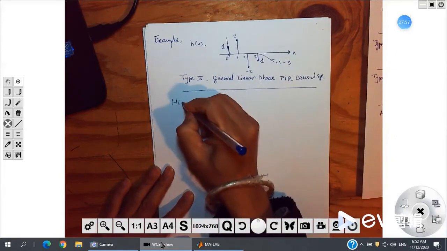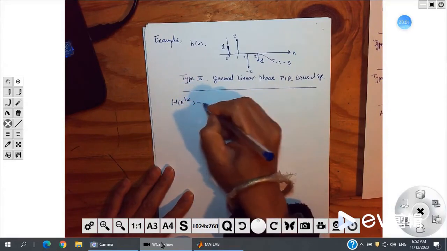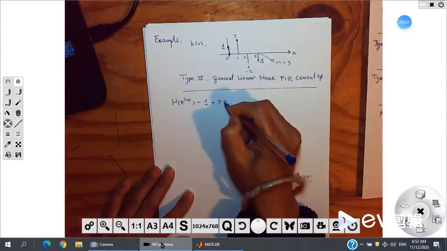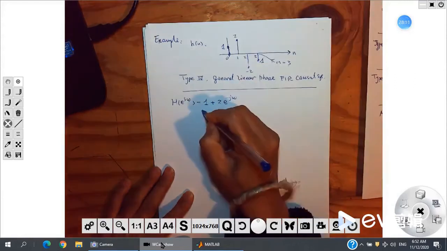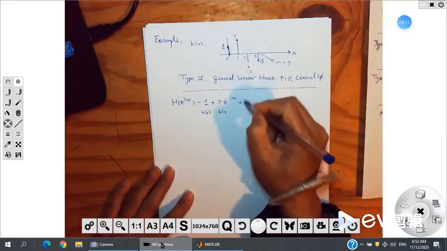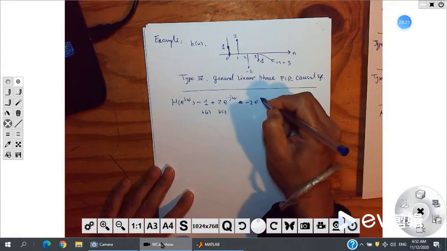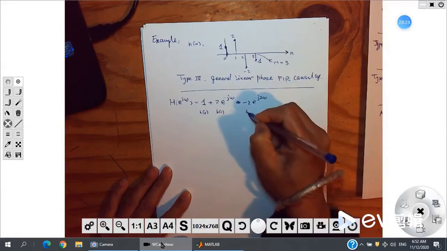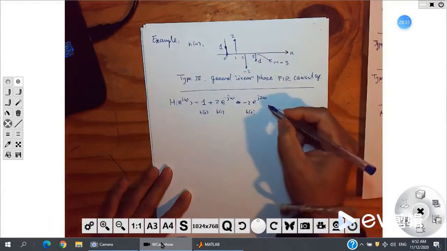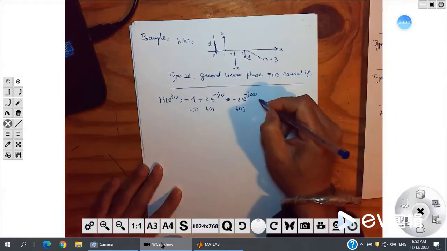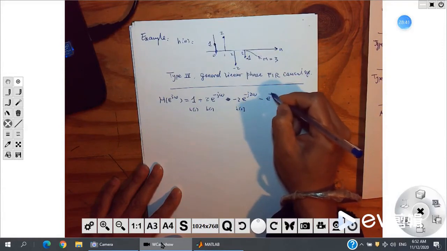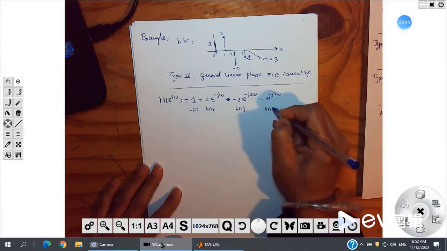You check H(e^{jω}), which is h[0], it is 1, then h[1] is 2 times e to the negative jω. Then h[2] is negative 2, so minus 2 e to the negative j2ω. And h[3] is negative 1, so it's just minus e to the negative j3ω.